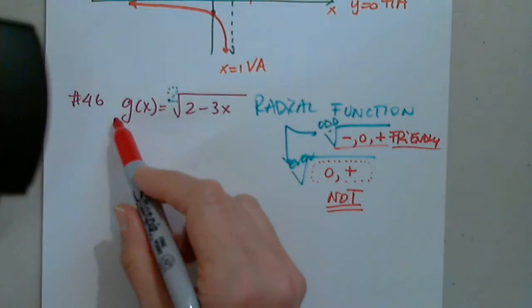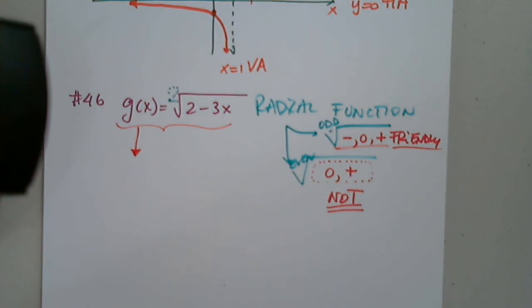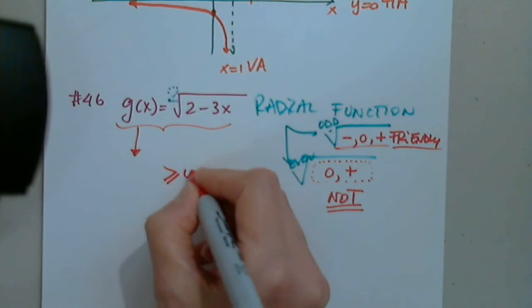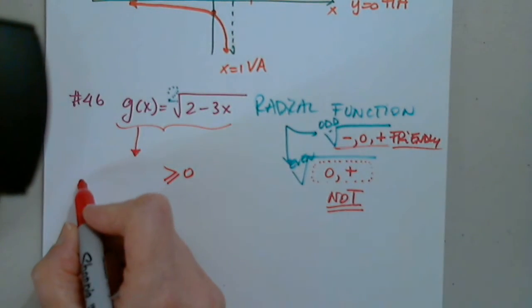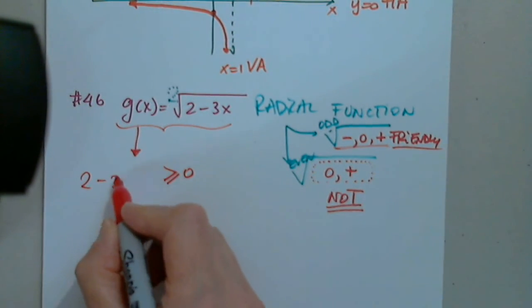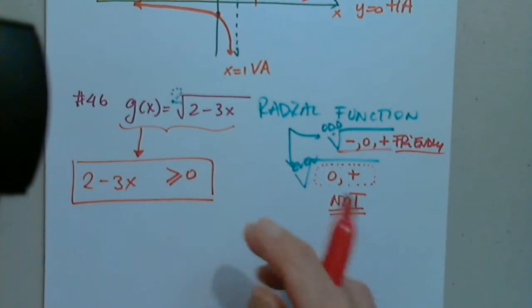So then, what is the condition that I have to write for this function and solve it to find the domain? Anyone that I haven't heard from today, please. Needs to be greater than or equal to 0. Good. Excellent. But what? 2 minus 3x. Excellent. That's it. This is the condition that I have to write and solve.